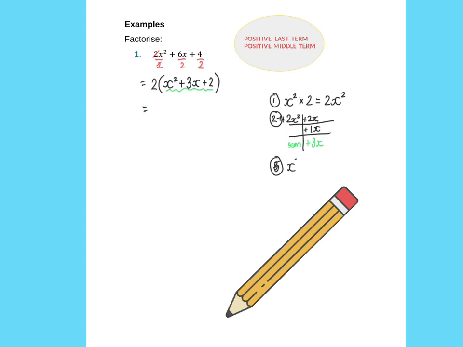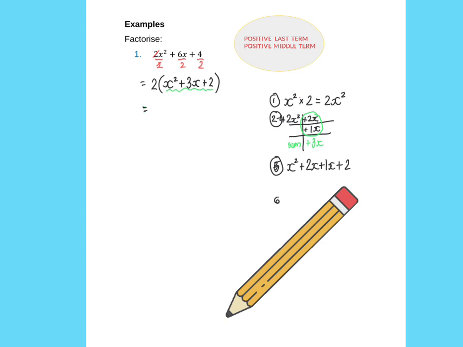So x squared, from the trinomial that we're writing in the brackets, then the 2 factors, positive 2x and positive 1x, and then the last term from the trinomial, positive 2.